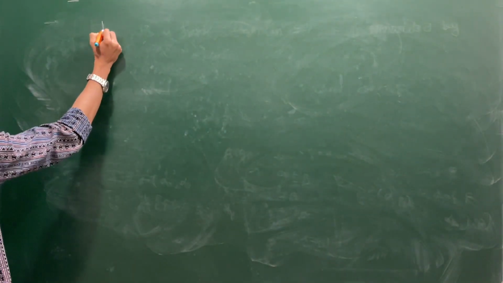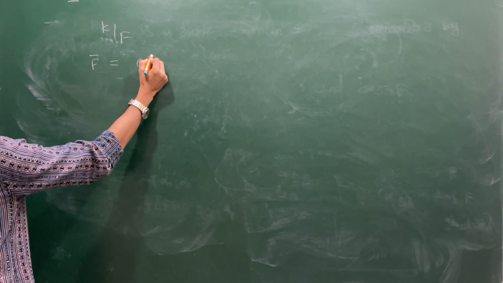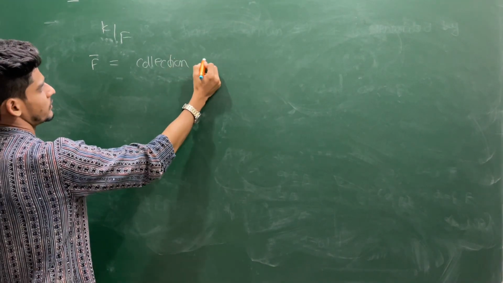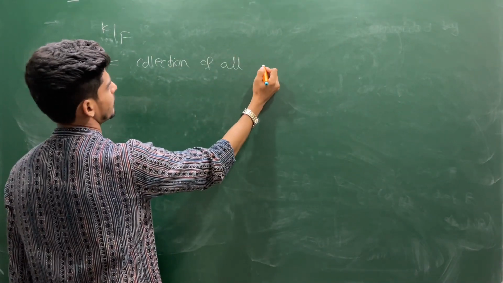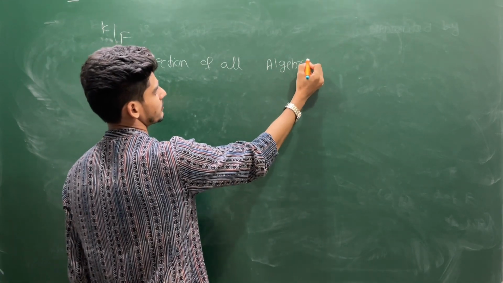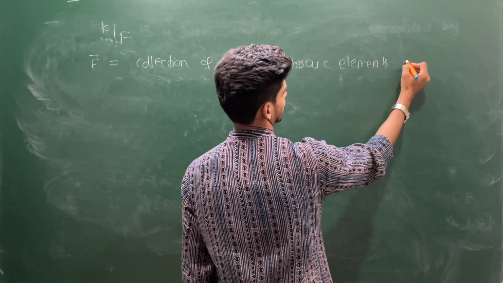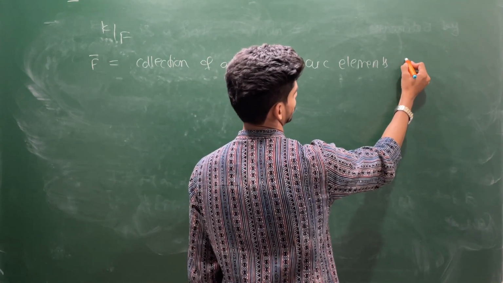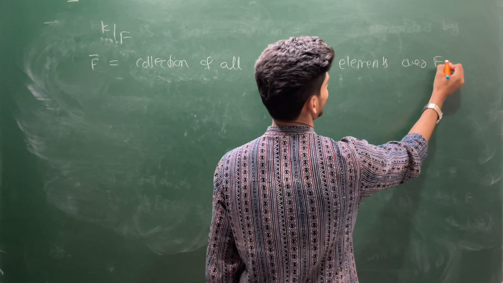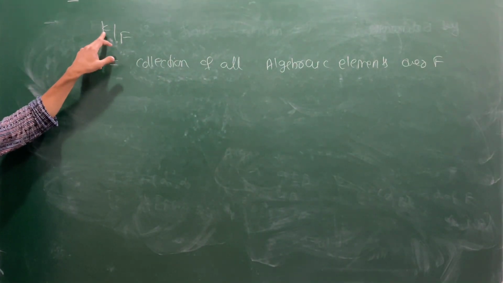Suppose K is an extension of F, and F bar is the collection of all algebraic elements over F. See, this F bar need not be a subset of K.